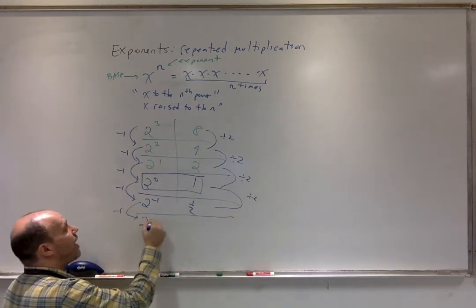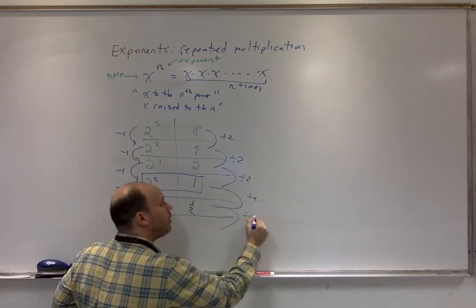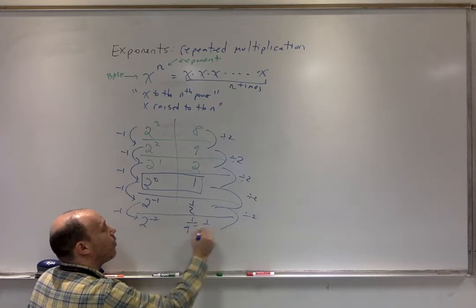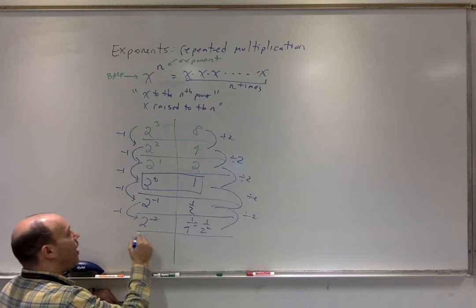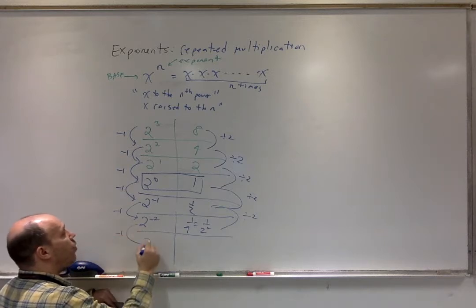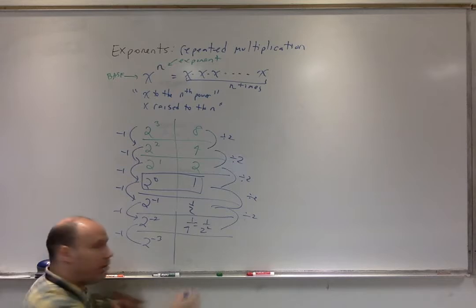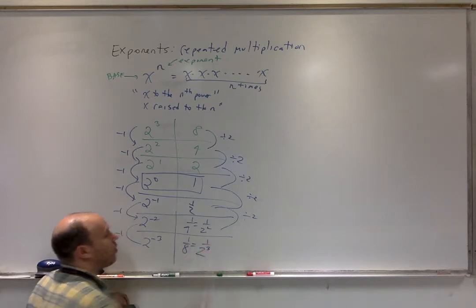Subtract 1, 2 to the negative 2. Well, what's a half divided by 2? That's 1/4, but I'm going to write it as 1 over 2 squared. And finally, subtract 1 more, 2 to the negative 3. What's a half of a fourth? Well, that's an eighth, which is 1 over 2 to the third.